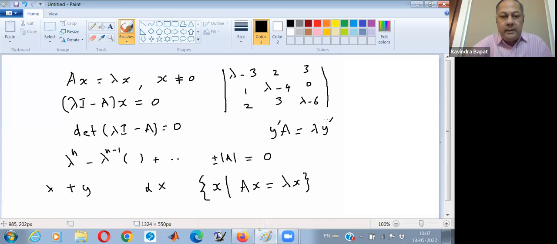Now that is not immediate from the first definition, but it is clear from this definition, because the determinant of A and the determinant of A transpose are the same, and so A transpose will also have the same characteristic polynomial, and from there it is obvious. So for some of the basic properties, you have to use both the definitions. Okay, so A and A transpose will have the same eigenvalues.